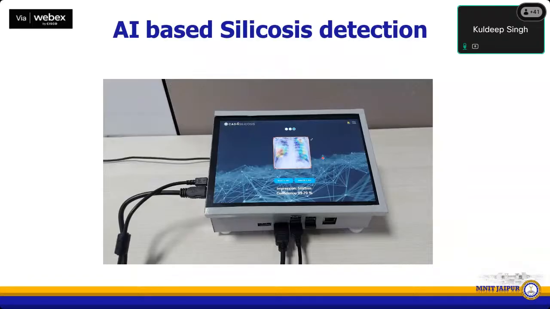Those regions are highlighted with their severity. These are some of the typical use cases which we have developed in our lab, and a few of them are under consideration for commercialization through one of our startups. I think let's conclude here.